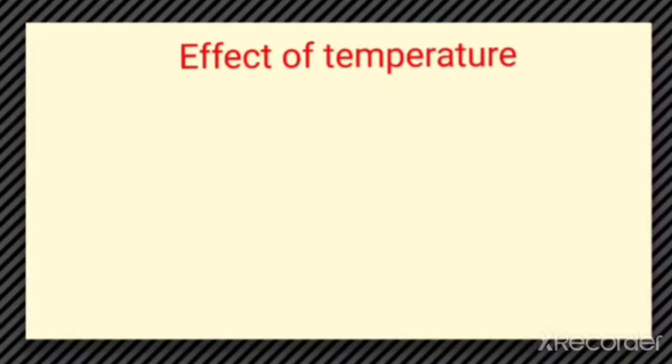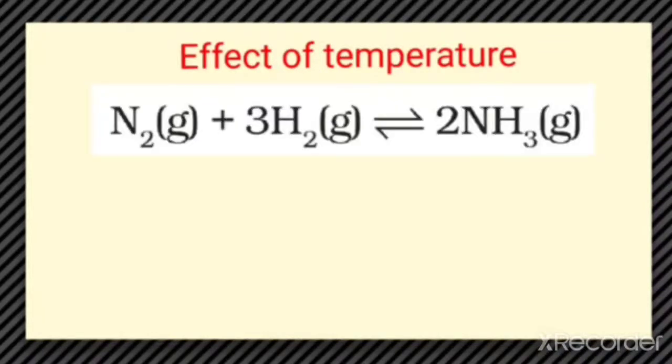Next is the effect of temperature. For this, let us consider the equation N2 plus H2 give rise to NH3, that is the formation of ammonia. This is called the Haber process. Here the forward direction is exothermic, but the backward direction is endothermic.